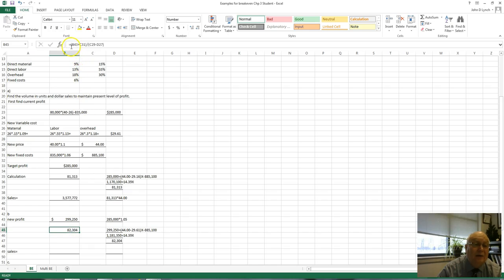Now it's got some decimals in there, so again I'll put the round function in there just to be safe, so I don't cause myself any grief later.